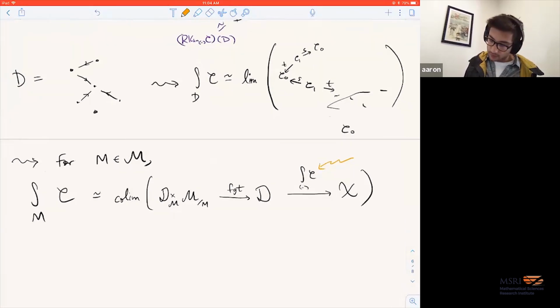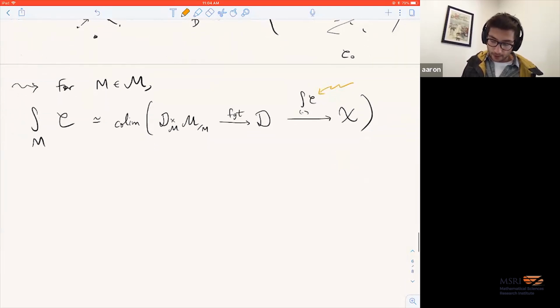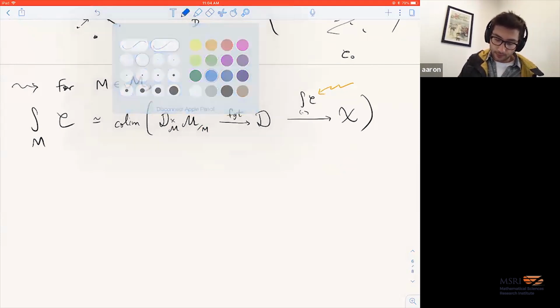And that's very helpful. But note that this source Infinity category is still pretty large. And so there's another key lemma here.